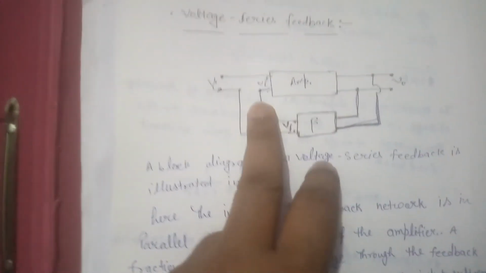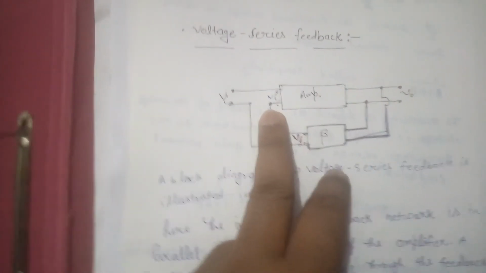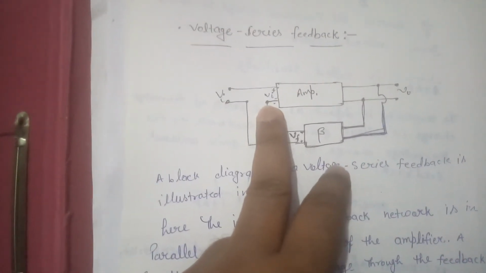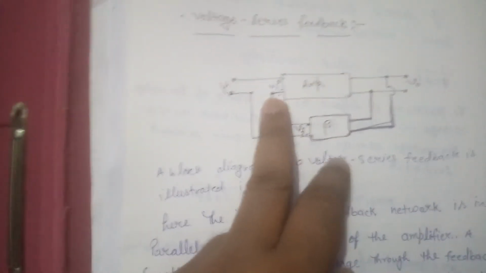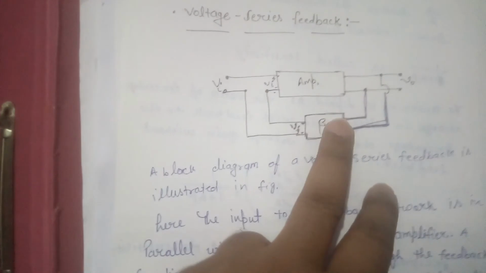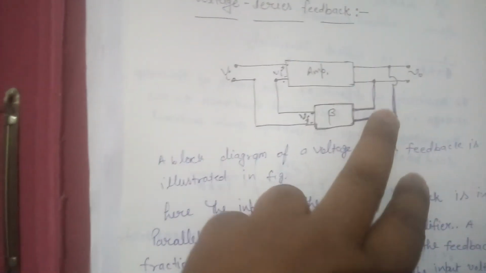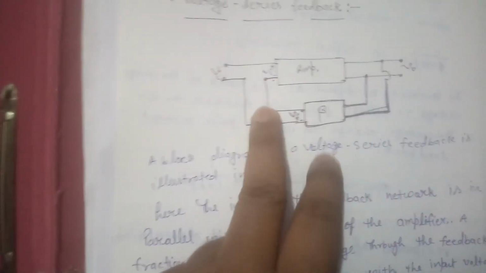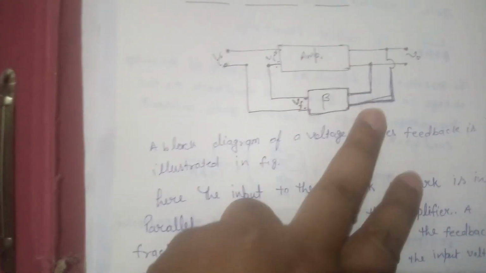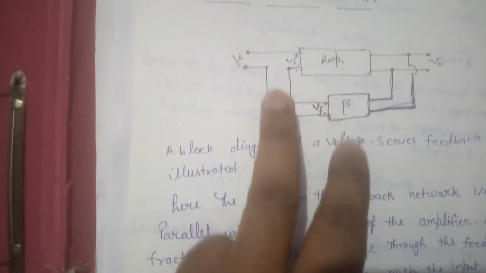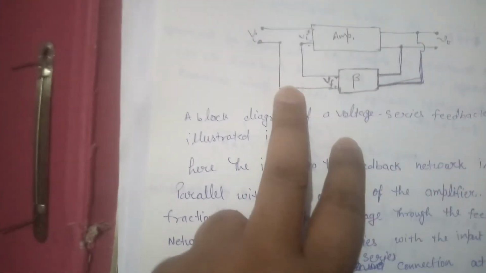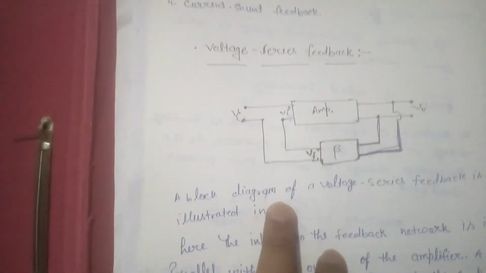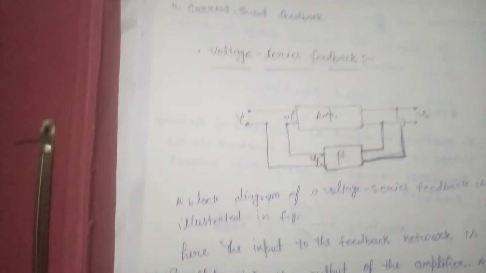Similarly, if we connect the input in series, then it is voltage, and if we connect the input in parallel, it is current. So we can read out this function: this is voltage series. Voltage series can also be called voltage feedback.